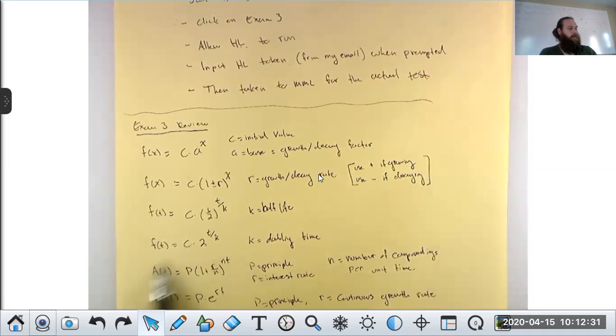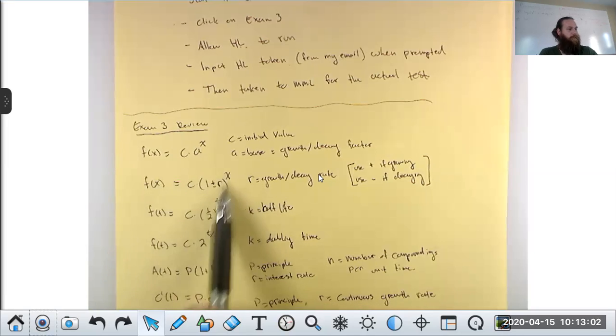If you're talking about compound interest, regular compound interest, you would use this. If you have something that doubles every so often, you start with 300 bacteria and they double every 15 hours, then you would use this formula. If you have a half-life problem, something that gets cut in half every so often and starts with C, so you've got maybe C grams of some material and it decays by half every 2,000 years, then you would use this formula.